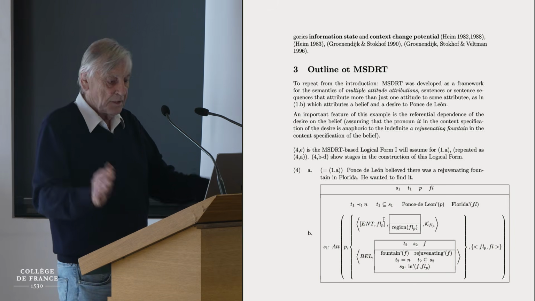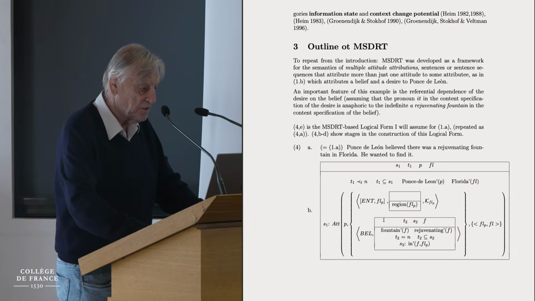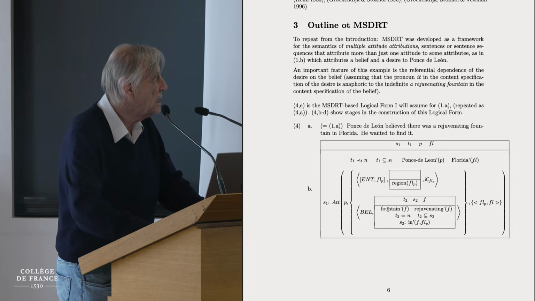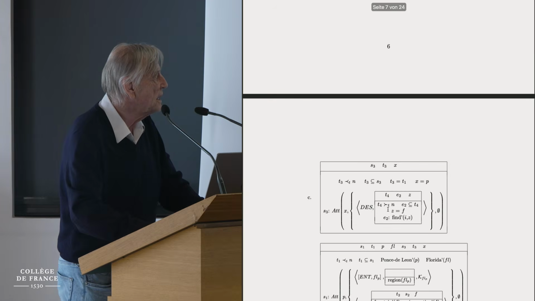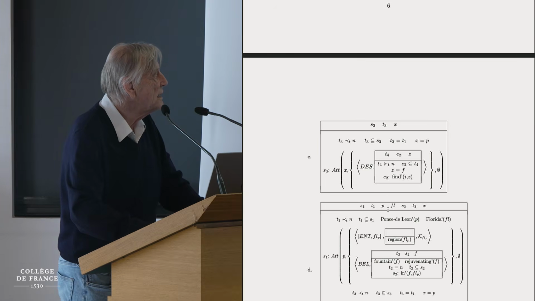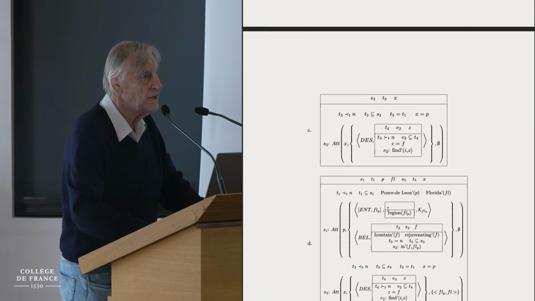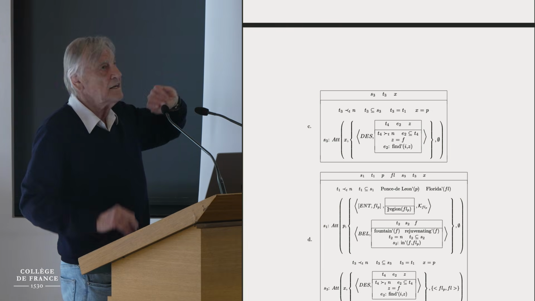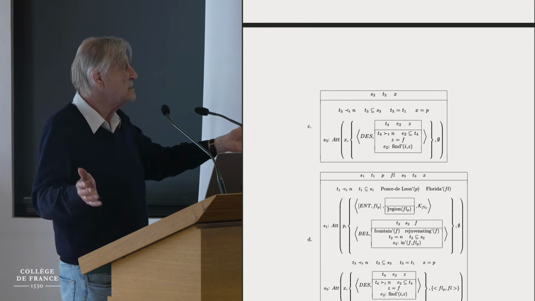And much of what I'm going to say from now on will have to do with these entity representations, but I'm not quite done with this example. Very briefly, C is a representation of the second sentence.